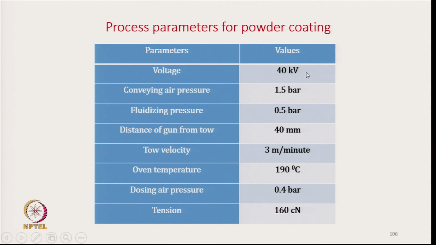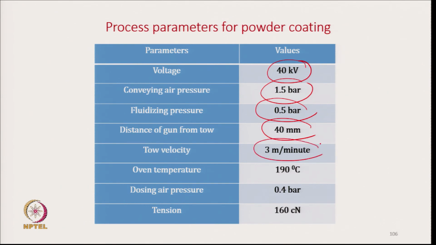Voltage 40 volt, conveying air pressure 1.5 bar, fluidizing pressure 0.5 bar, distance of the gun from the tow 40 millimeter, tow velocity 3 meter per minute, oven temperature 190 to keep the flexibility intact.